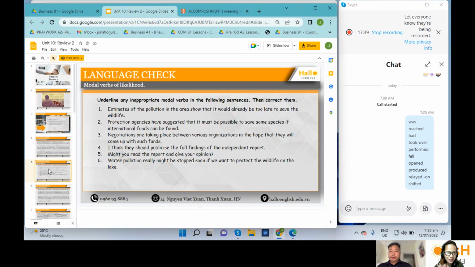Now let's proceed to the next language check, modal verbs of likelihood.